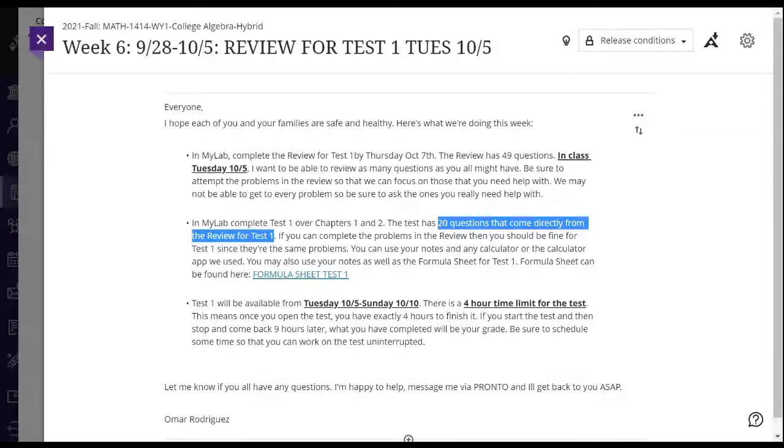That's why I say, guys, if you can do the problems on the review, then you should be fine for the test. And for the same problems, you can use your notes, and any calculator, that calculator app we use. And then I did upload a formula sheet for you guys as well. So if you want to have a formula sheet, there is a formula sheet right here. Quadratic formula, storage property, stuff for the absolute value, the distance formula, the midpoint formula, the circle stuff.